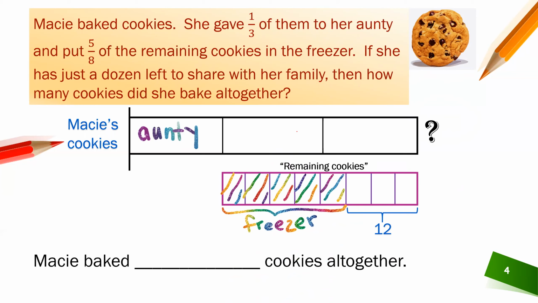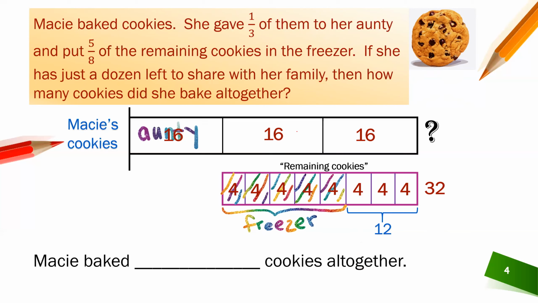Okay, the question mark is how many cookies did she bake altogether? So we can see here that 12 consists of 3 equal parts in purple there. So each one of those is 4. And the whole entire purple bar, meaning the remaining cookies, consists of 8 equal parts. So that must be 32. Therefore, each one of those black equal parts up there is 16.